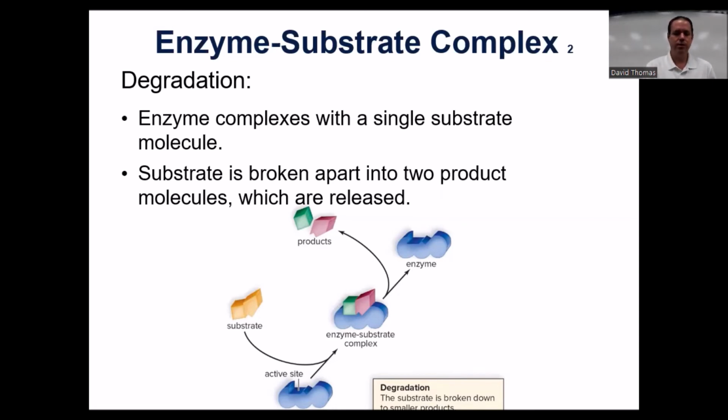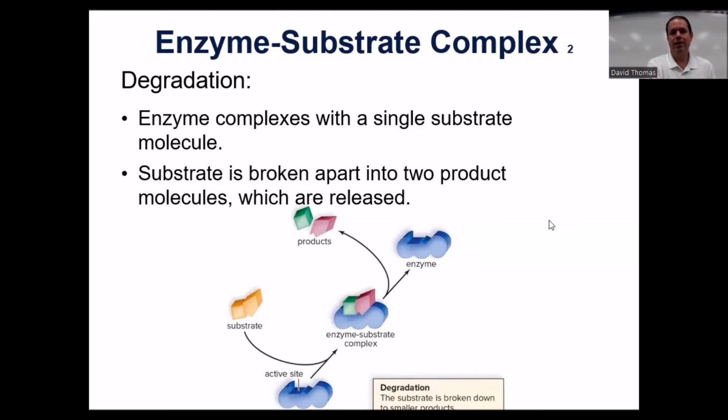Notice here, though, I'll outline one of the main things about enzymes that we learned at the beginning. One characteristic of enzymes is that they're not used up in the reaction. They're not part of the products. So that's why this diagram here shows the enzyme substrate complex, the products being released, and the enzyme being restored back to its original shape, its original conformation.